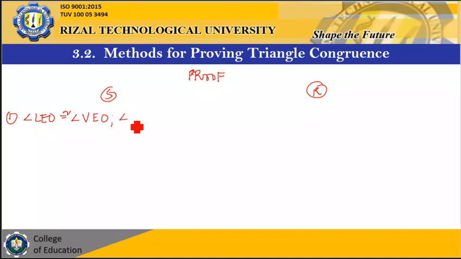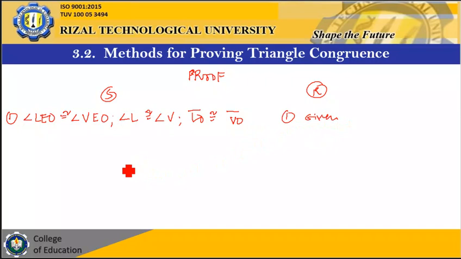Also, angle L is congruent to angle V. And also from the given, segment LO is congruent to segment VO. And again, that is from our given.